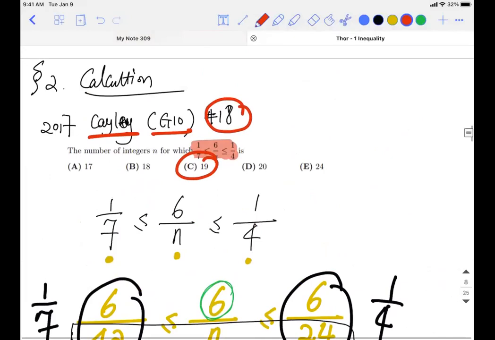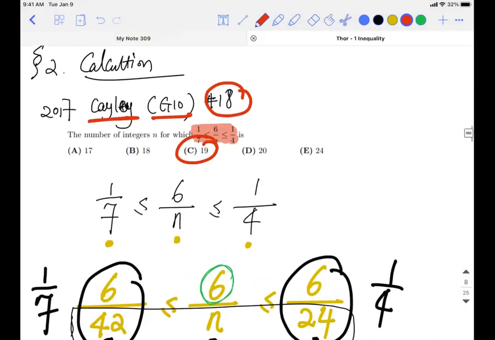So the question is asking for the number of integer n's, the candidates, not the value but the total number of the values. Yeah, the total candidates. Okay, so all good? Good.